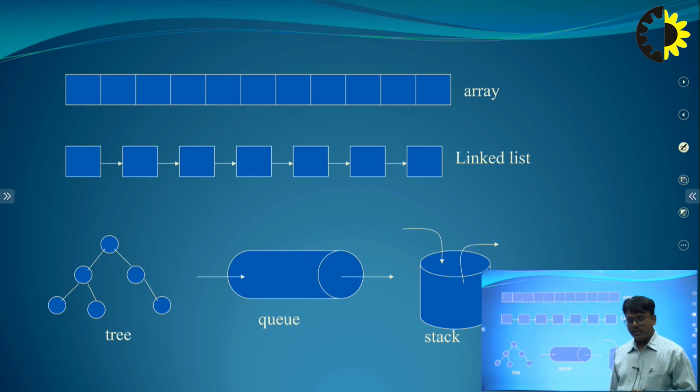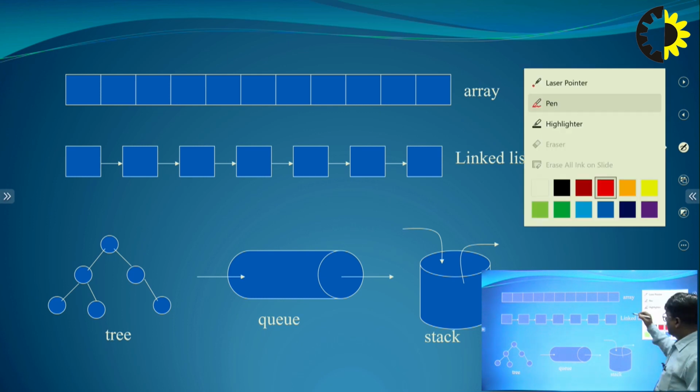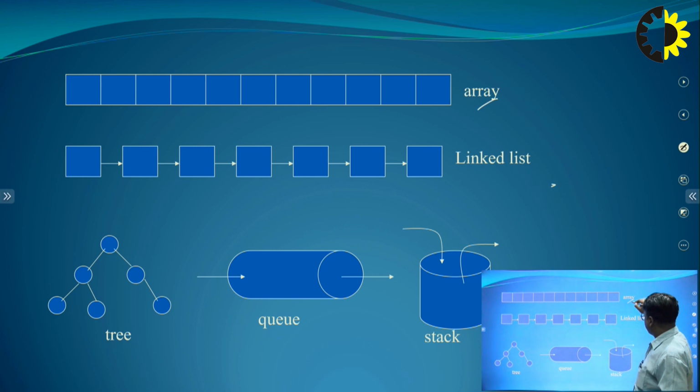Now these are the graphs and diagrams which represent the different data structures which we have to study here. If we talk about the array, this is the array, and this is its diagrammatic representation.